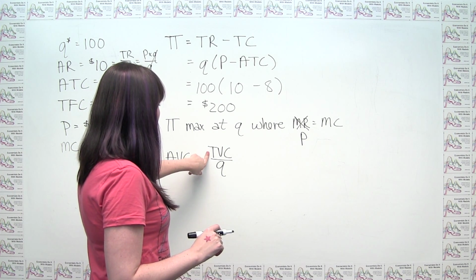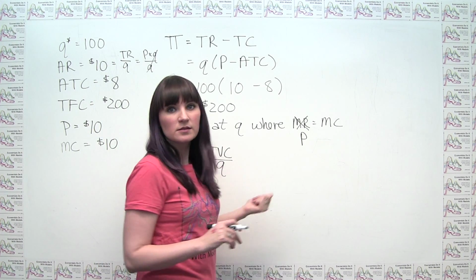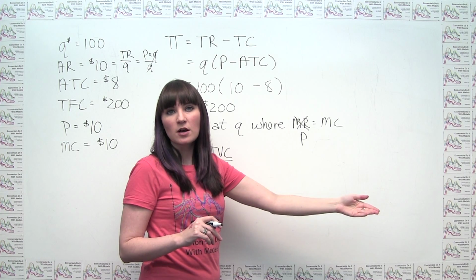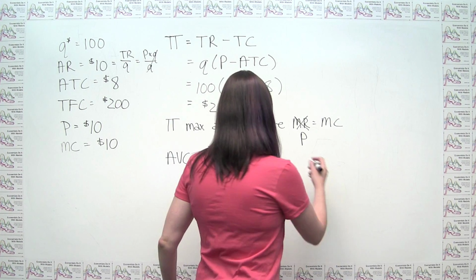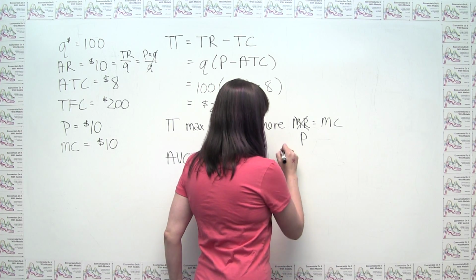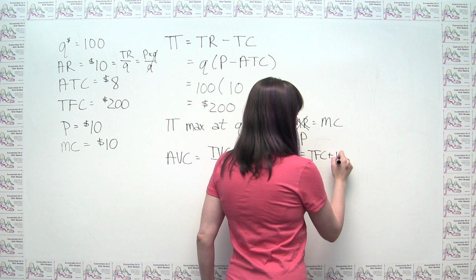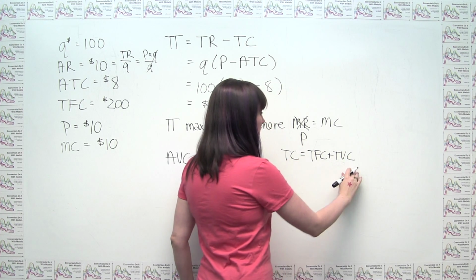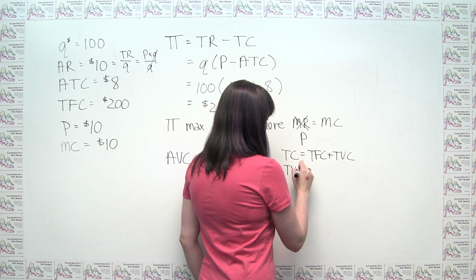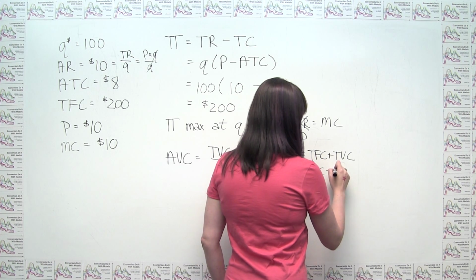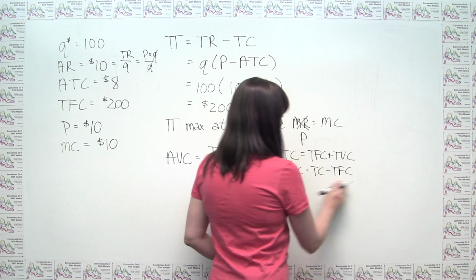I notice that total variable cost is just total cost minus total fixed cost. Because, for example, I know that total cost is equal to total fixed cost plus total variable cost. So it must be the case that total variable cost is equal to total cost minus total fixed cost.